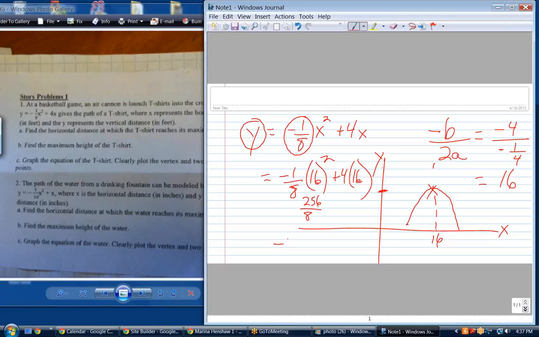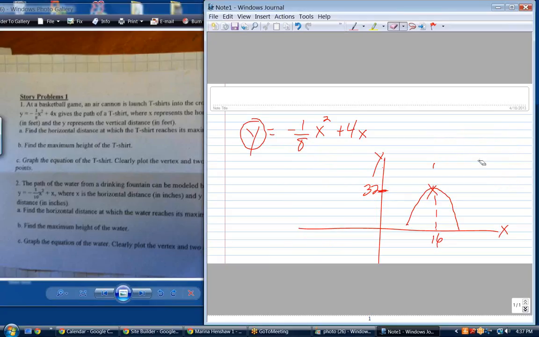So this is minus 32 plus 64. So this height is 32. Okay, so our graph isn't quite drawn to scale, but as long as we label the points, we'll be fine.